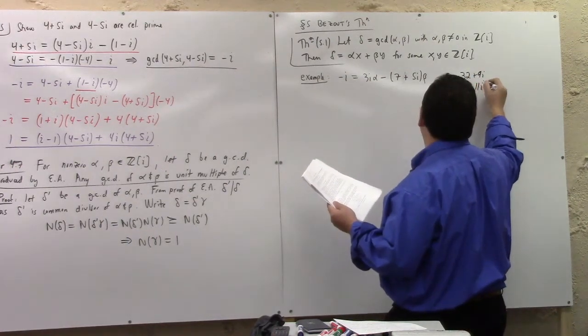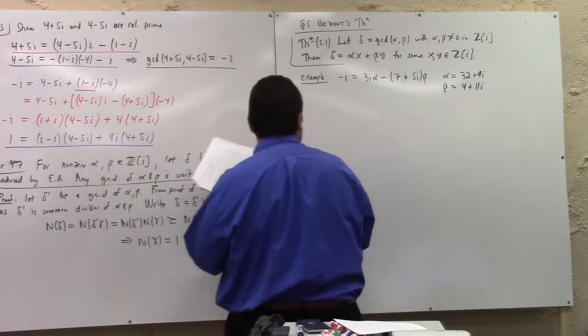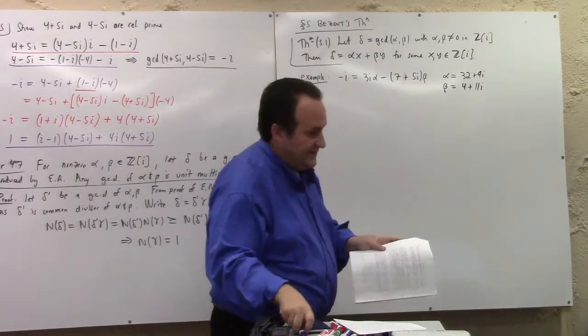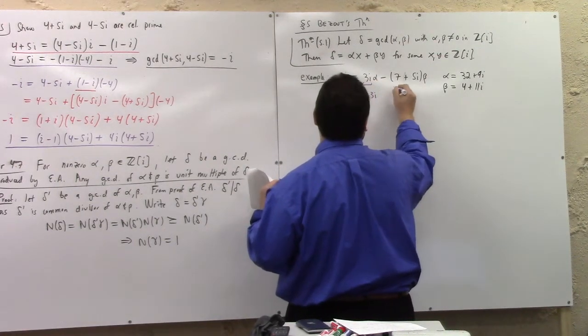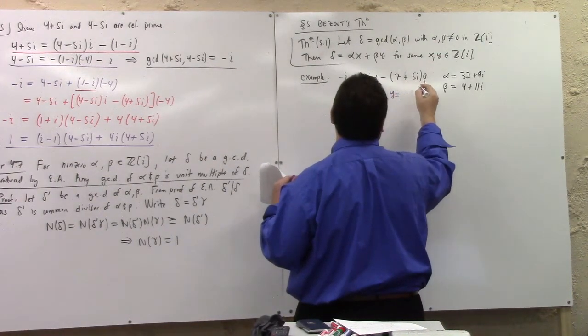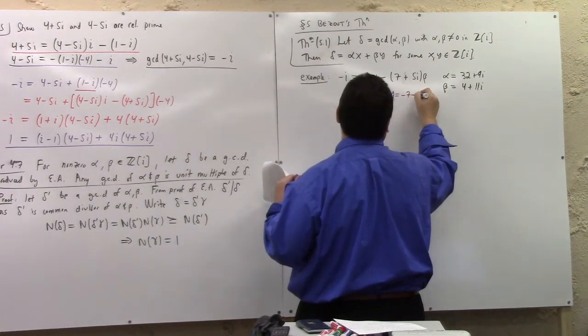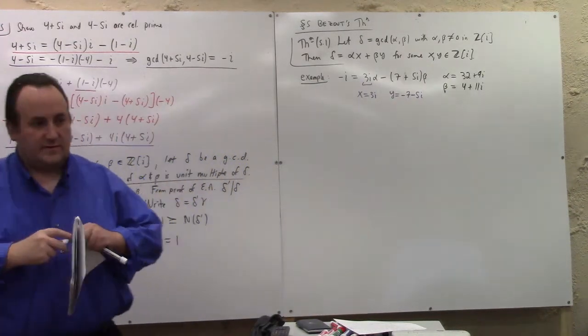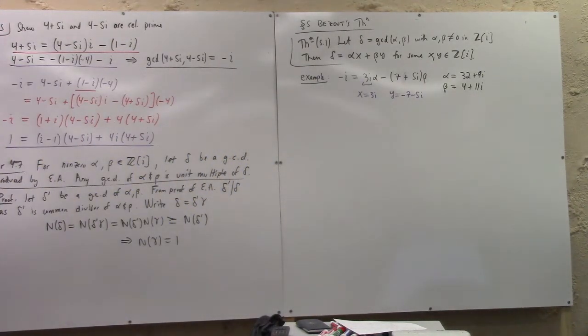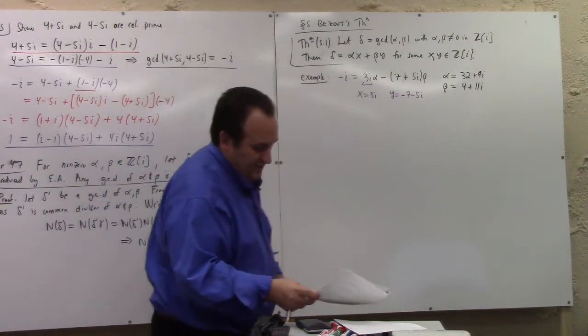So just to make sure we're not talking past each other here, x was literally this 3i, and the y in this context was minus 7 minus 5i, right? So that was the x and y which exist to build a GCD. If I slip up and say the GCD, understand it is just because it's very unnatural for me to say a GCD, as a Gaussian linear combination of alpha and beta.